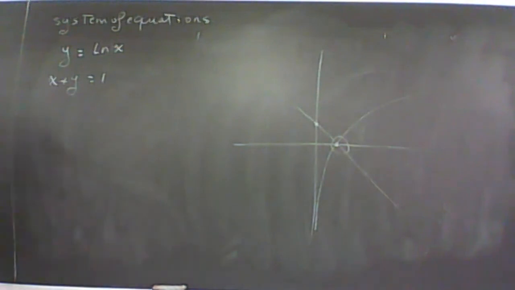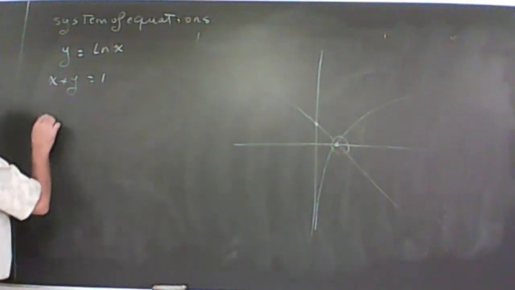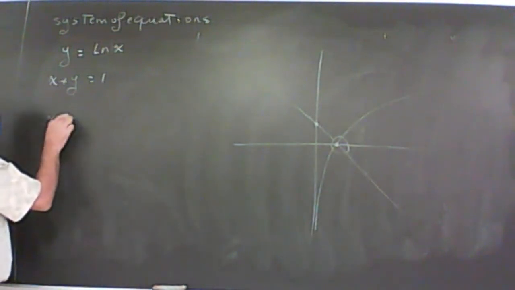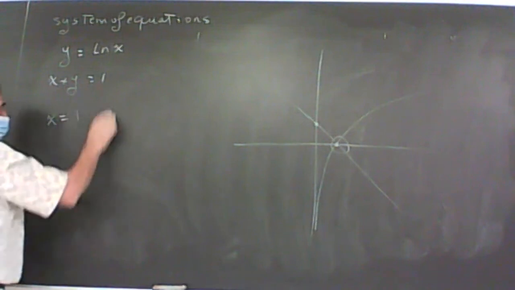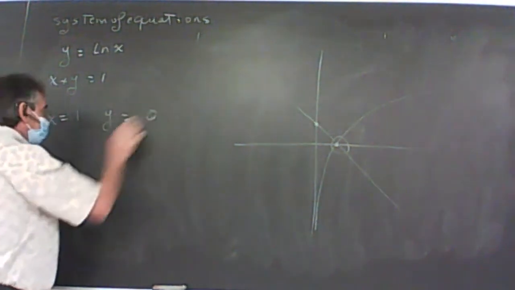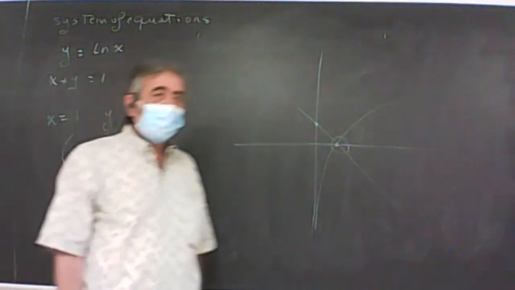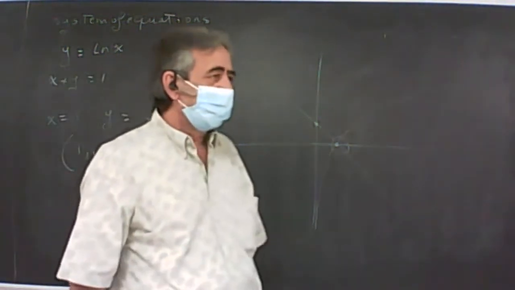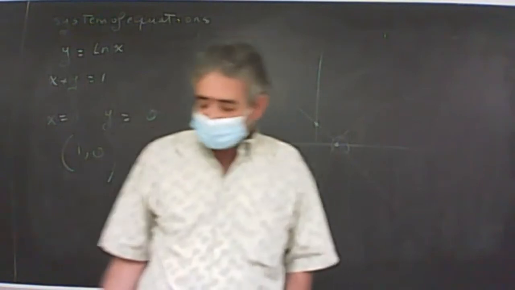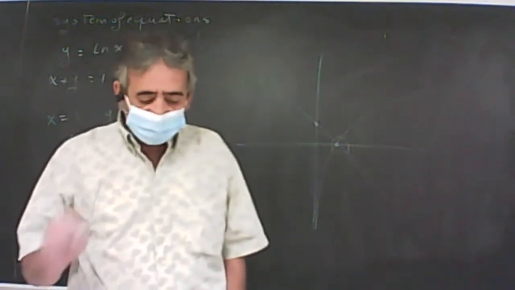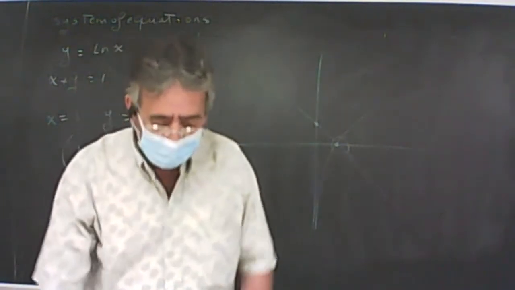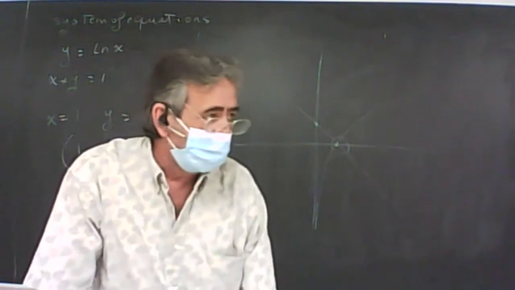What is that? The x value is x equals how much? 1, y equals 0. So 1, 0 for that. Now, you're not lucky every time. So this is basically an idea on how to do that.